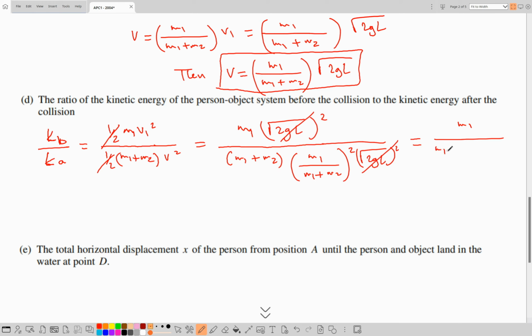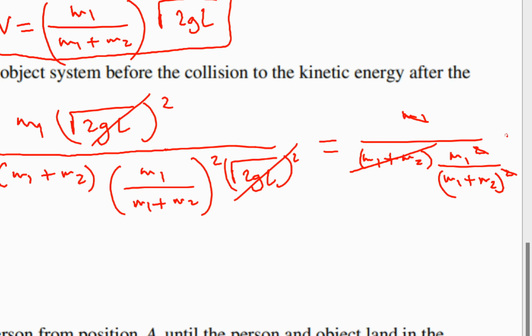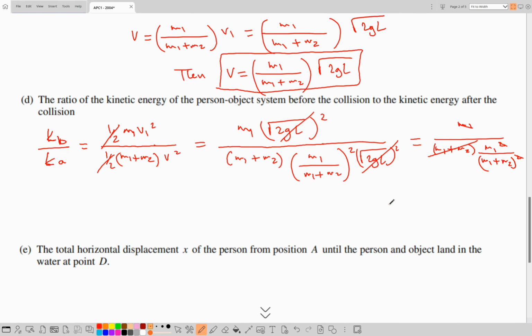We would have m1 plus m2 multiplied by m1 square divided by m1 plus m2 square. Now this with that would cancel, and this with that would cancel. The denominator in the lower part would be in the numerator. Then in this case the ratio of the kinetic energy before to after collision is given by m1 plus m2 divided by m1.